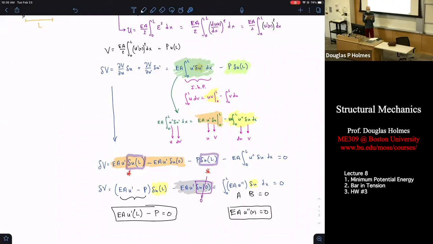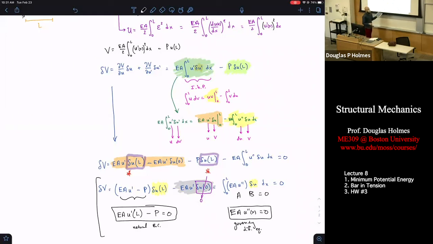Governing equation, natural boundary condition. It probably doesn't seem that exciting, but it's kind of a big deal. We just derived the equation and one of the boundary conditions just kind of along for free.